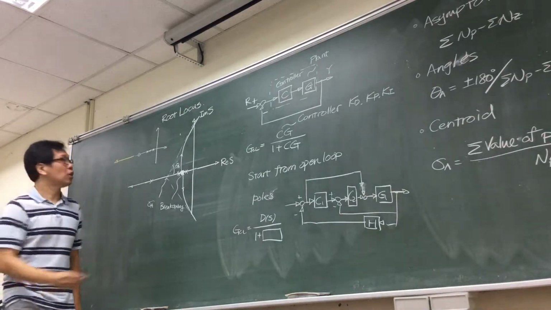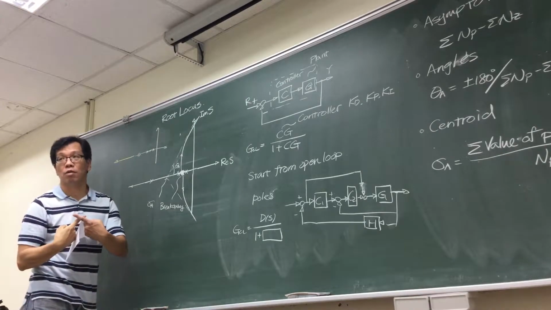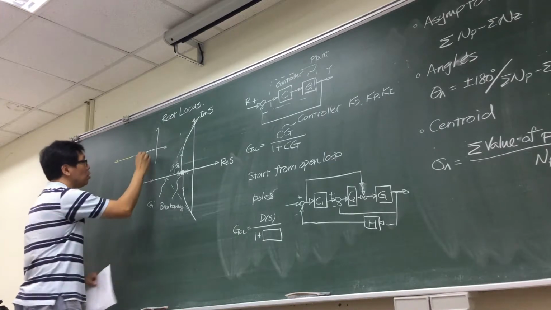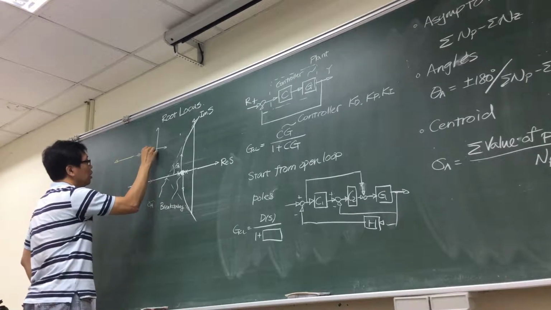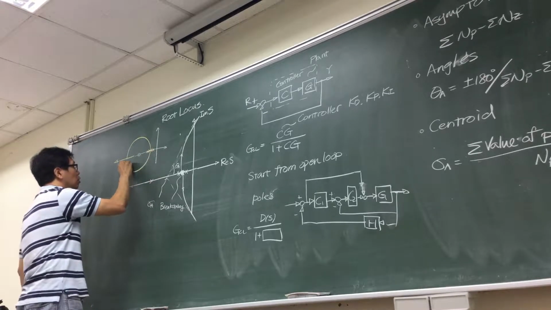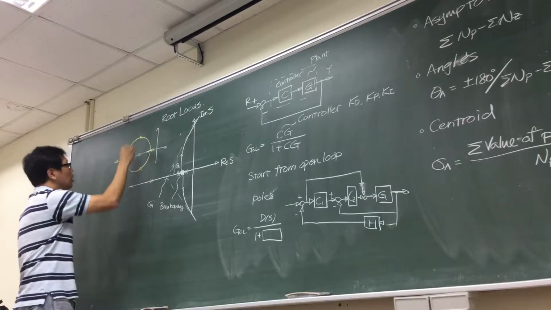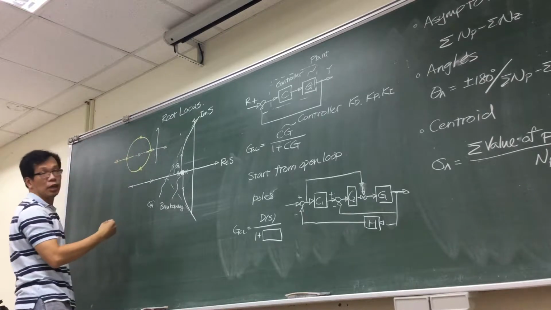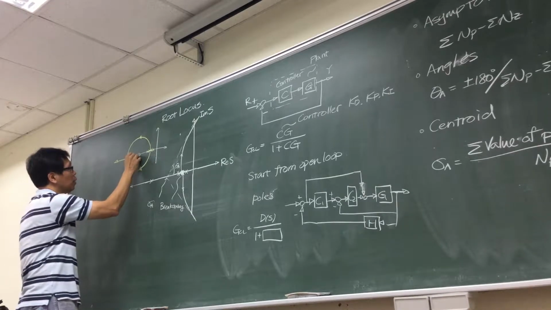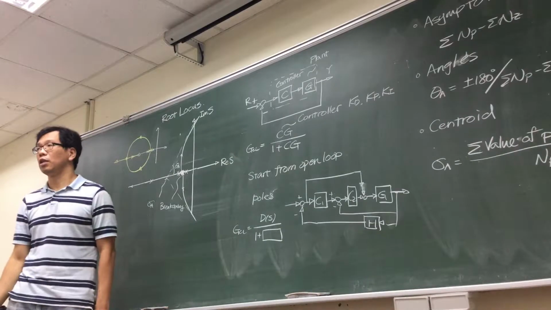They cannot intersect with each other. That's a rule. It must be symmetric. So they must go together and break out, or break away. After they hit these points, one is going to be attracted by the zero, the other one goes to infinity.